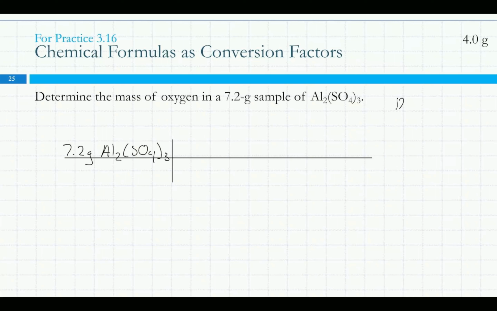Yeah, so I got 12 moles of oxygen for every 1 mole of Al2(SO4)3. So what do I need to convert aluminum sulfate into before I can use that ratio? Moles.